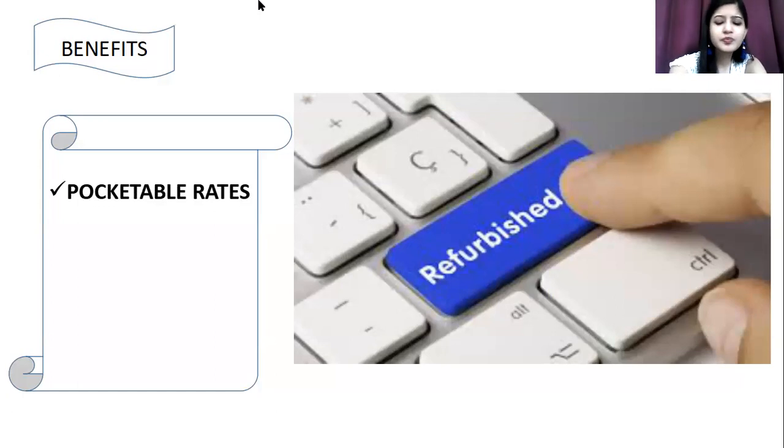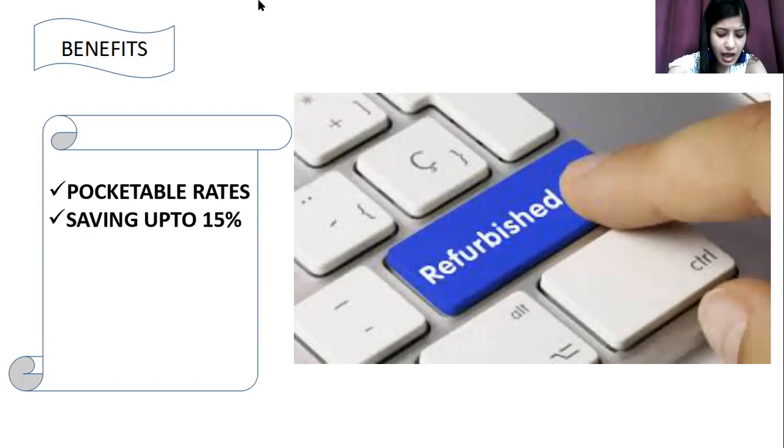But once a product is refurbished, it is less expensive and comes at much more pocket-friendly rates. Apart from that, this difference in pricing allows you to have great savings.